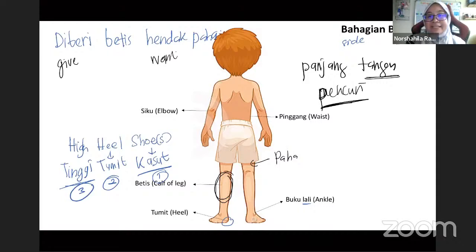Okay, any question for this part? So how does the question look for the body part? Either one, they label it for you. For example, I will clear this.